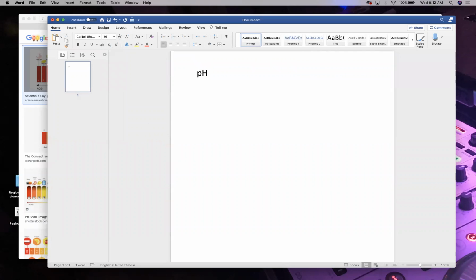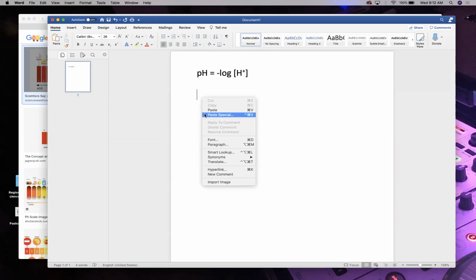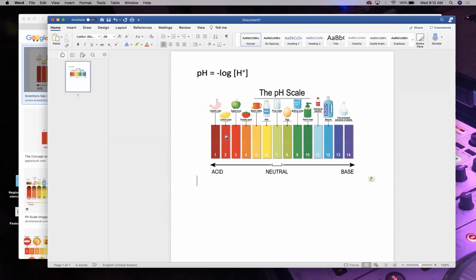pH, with a capital H, equals the negative log, or the negative logarithm, of the concentration of the hydrogen ion. So what does that mean? And then that scale that I just copied, it's a scale from 1 to 14.